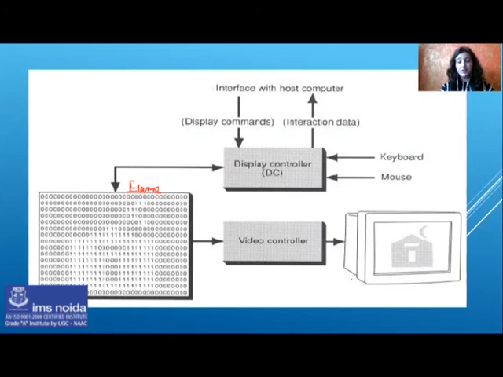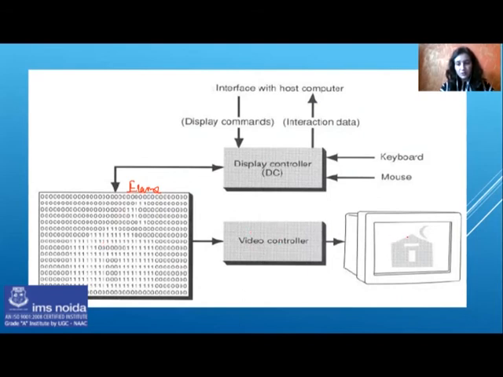This is our display area. When we give input through the keyboard or the mouse to the display controller, the command is given to the frame buffer. As you can see, the video controller is the intermediate between the frame buffer and the display device.